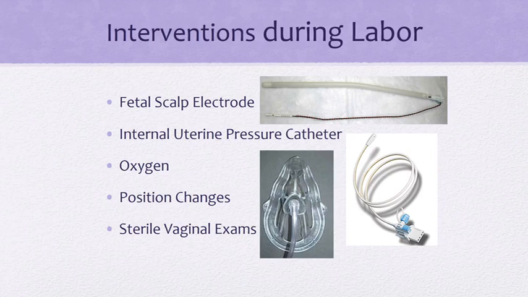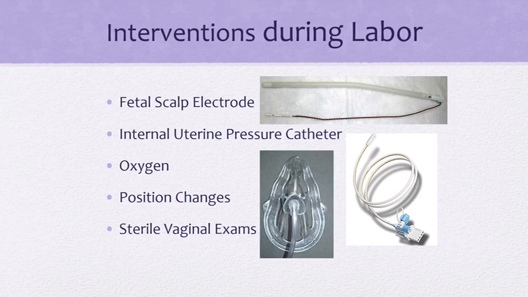Other interventions are the fetal scalp electrode. That's the top picture. You can see how it's got like the multicolored cord. It's like green and red. And what that is, since it says fetal scalp electrode, it is an electrode, and it has a little tiny needle at the end in the shape of like a screw, like a little spiral screw.